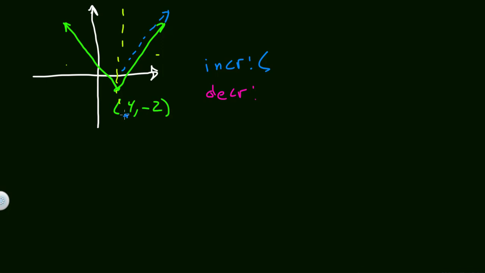Well, we're going to start at the x value of our vertex. So that's going to go from 4. And how far to the right is it going to go? It's going to continue all the way to the right. So when we are writing intervals of increasing and decreasing, we would use the x-coordinate. So this is going from 4 all the way to the right is when it's increasing.